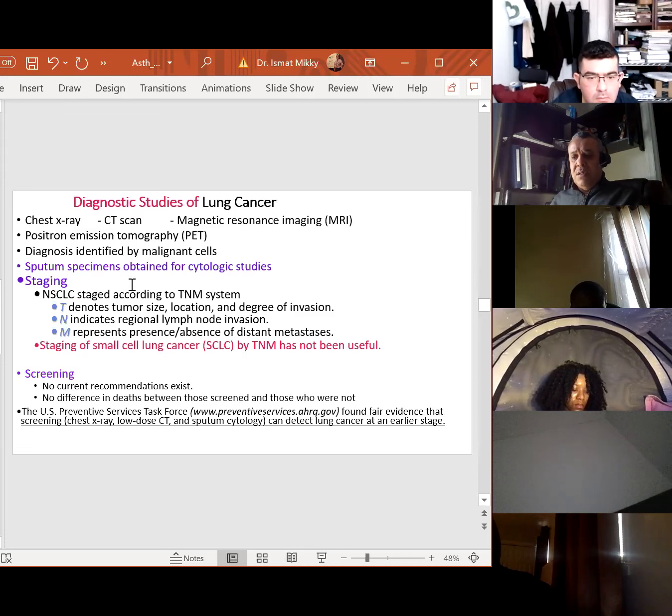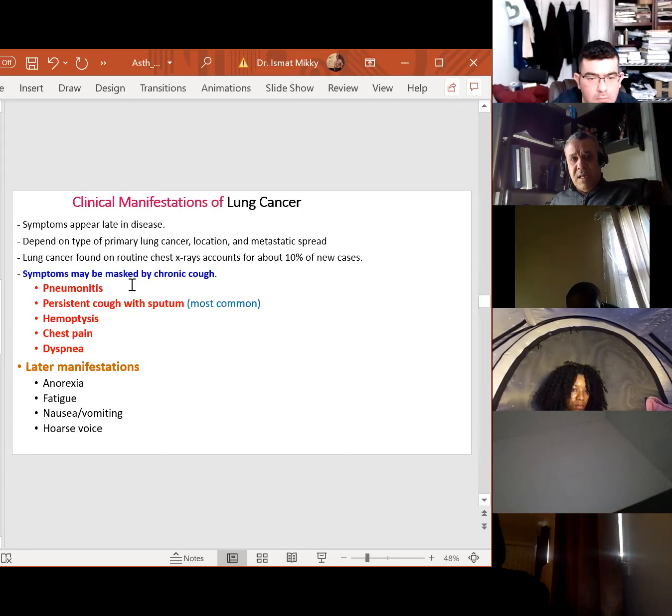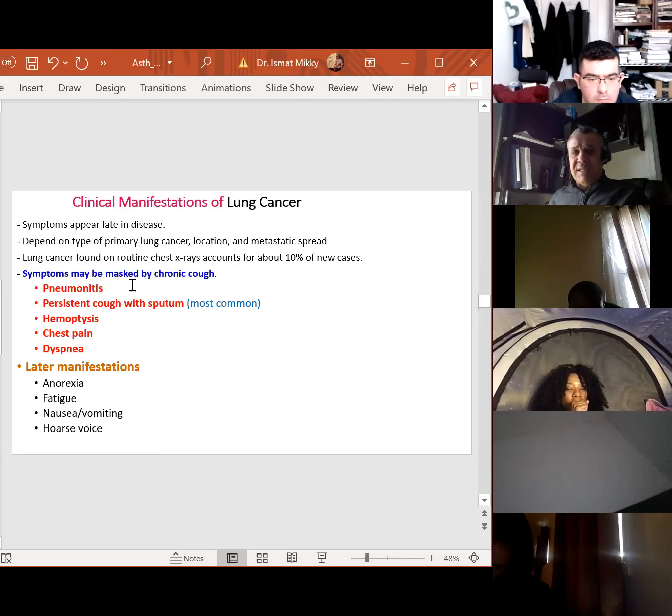Staging, so it's just before that, pneumocystis. The symptoms may be masked by chronic cough. So pneumocystis, I don't know what pneumocystis is.